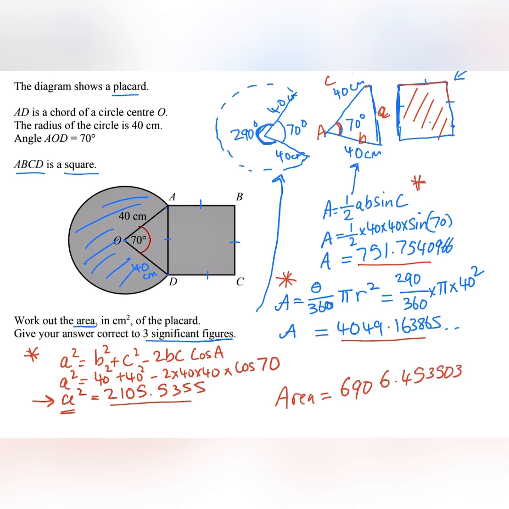That gives us 6906.4535, and we want the answer to three significant figures. So first, second, third, and look at the next number, which is bigger than 5. So we add 1 to this digit and put a 0 after it. So that's the area in centimeters squared. That's your answer for this question.